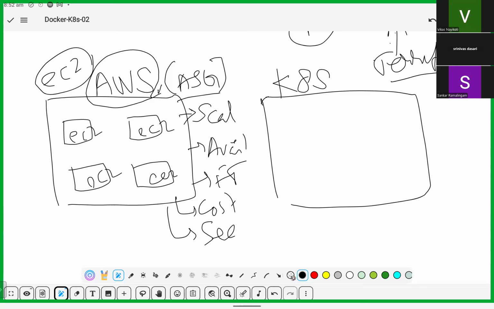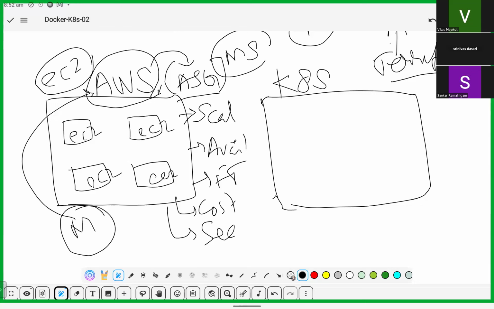There is no point in having a master node. You probably will not understand this at this point, but when I talk about Kubernetes, you will get a connection. You don't need a master node because the master node is kind of your AWS, which is managing the autoscaling group. Somebody has to be there to even manage autoscaling groups. It's a managed service, right? So you should have some understanding of what a managed service in AWS is. Even EC2 is not just lying somewhere and you are using it.